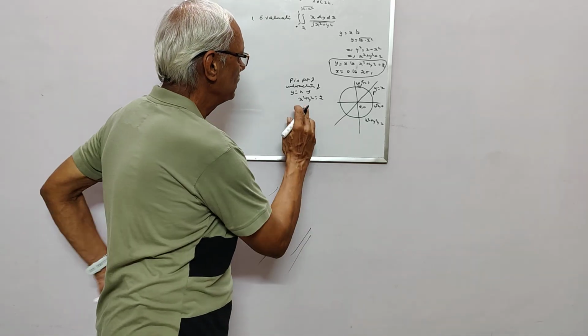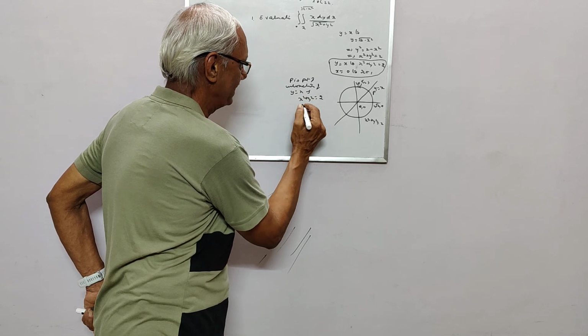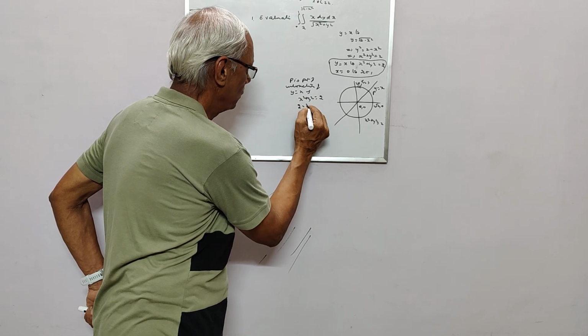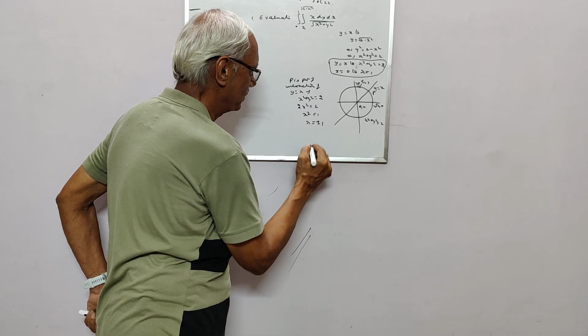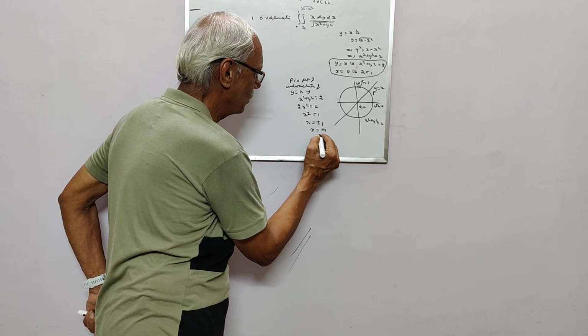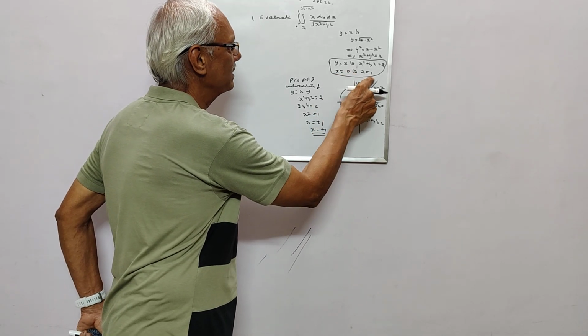Since y is equal to x, wherever y comes you put it as x. So you will get 2x squared is equal to 2, x squared is equal to 1, x is equal to plus or minus 1. I will take x is equal to plus 1 because it is given that x is equal to 0 to x is equal to 1.